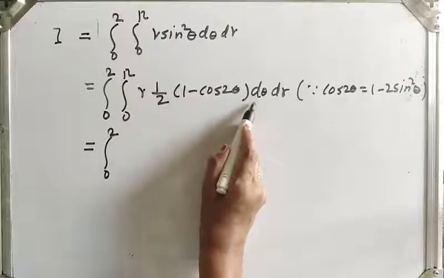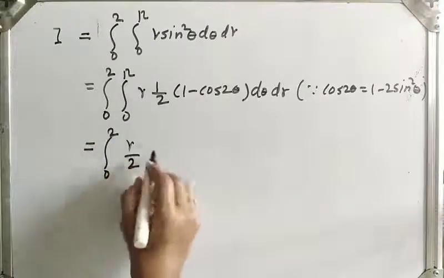For integrating with respect to theta, r is constant, so r by 2 as it is.